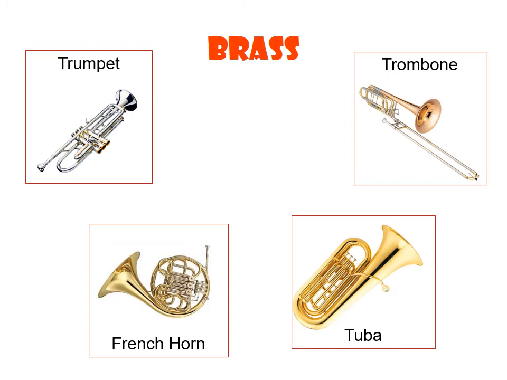They're the buttons that the musician will press down to create different pitches or sounds. And you'll see them on the trumpet, the French horn, and the tuba. The trombone is slightly different. The different pitches are created by the musician sliding the instrument out or sliding it back in again.